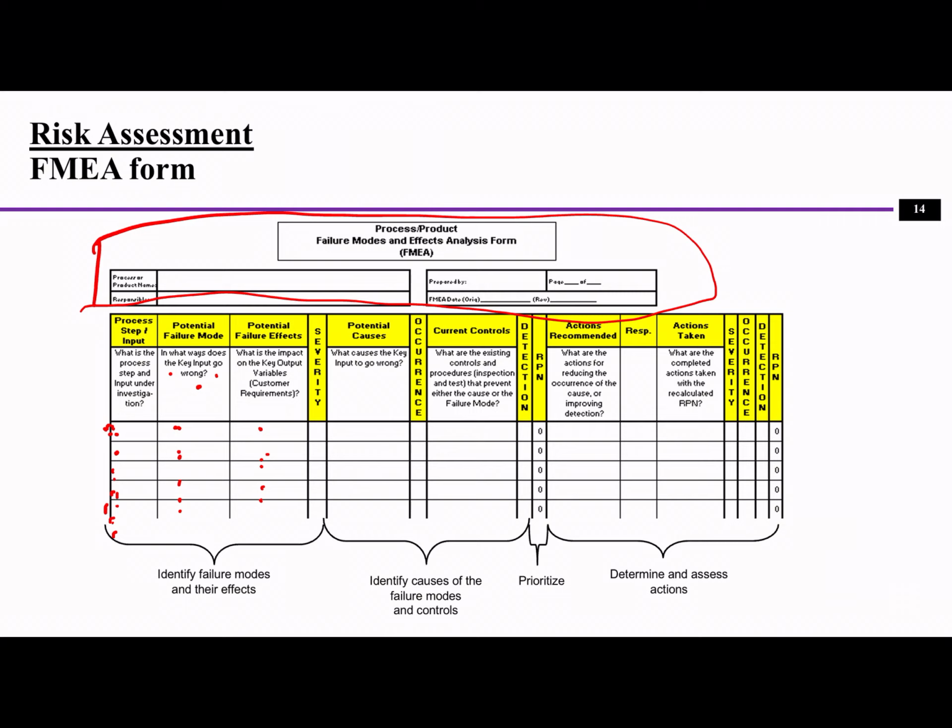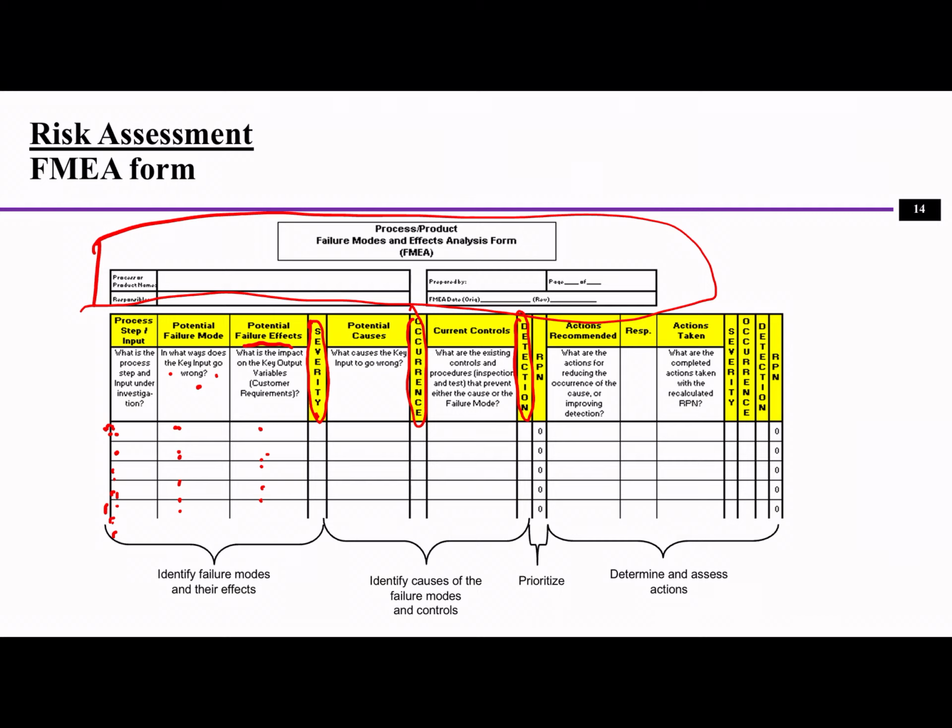So there are three numbers you might want to pay attention to. The first is severity, the second is occurrence, and the third is detection. Severity means the significance of the impact. After we identify the potential failure effects, we can give a score to look at how severe it is.